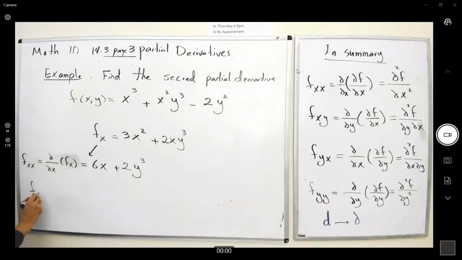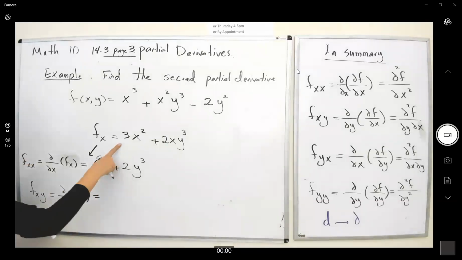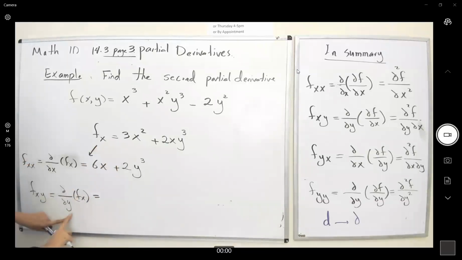Now f of xy, or the second partial derivative of the function with respect to y x. So you're taking the partial derivative of the first partial derivative, which was with respect to x. Now you're taking this derivative with respect to y.